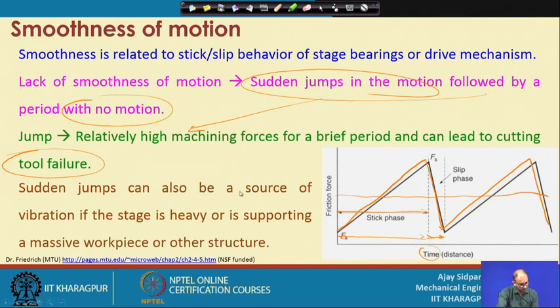If very heavy things are on the stage, you have to provide more force initially, and as soon as you cross that frictional force, you get a jerk motion, and again you end up with low motion. So, because of the stick slip phenomenon, you are not able to get a smooth motion, resulting in abnormal machining operation and failure of the cutting tool.